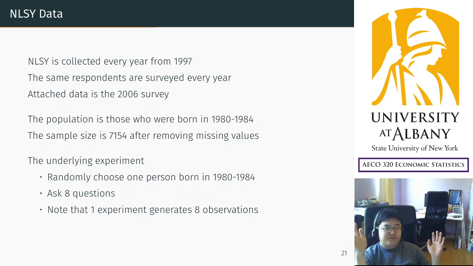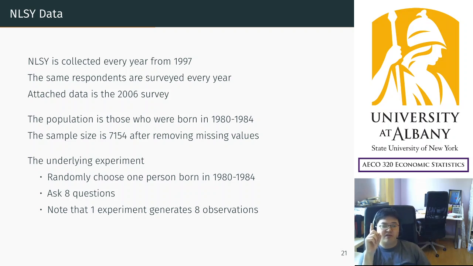They are our population. So randomly choose someone from the population and then ask 8 questions. Actually, in the real data set, there are hundreds of questions, but I only take 8 typical important questions, and let's just say there are 8 questions, and that is one experiment.